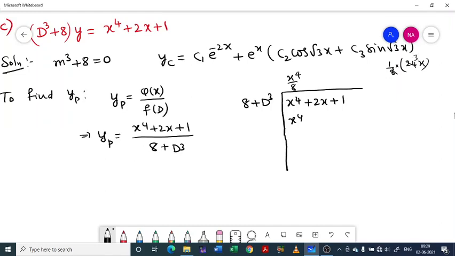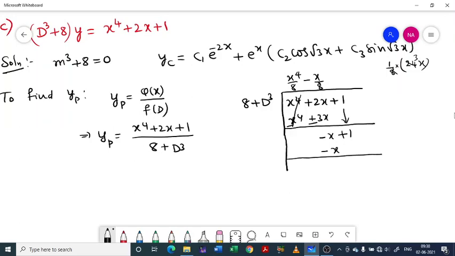So you get 3x here. So subtracting, these two get cancelled, you get minus x, that will be carried as it is, plus 1. Now minus x divided by 8, so minus x by 8. So minus x by 8 into 8 you get minus x. Minus x by 8 into d cube you get 0.